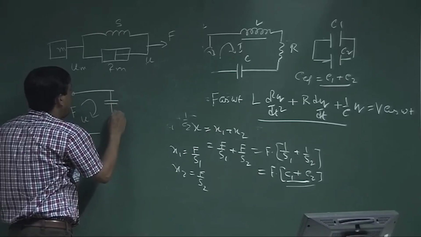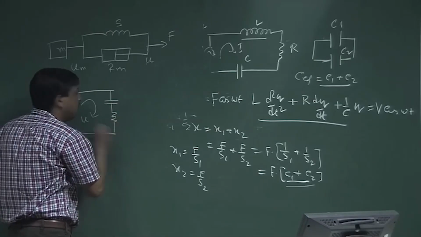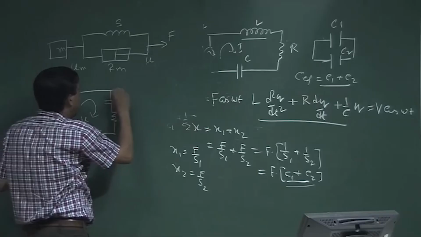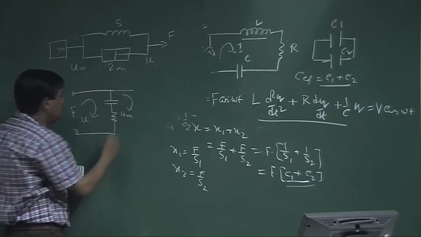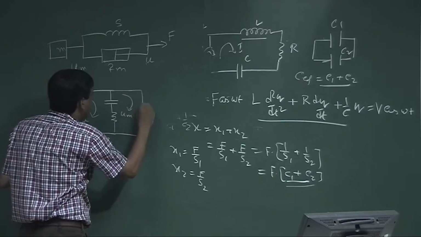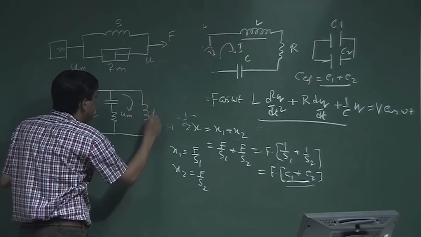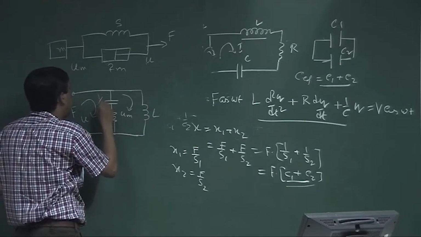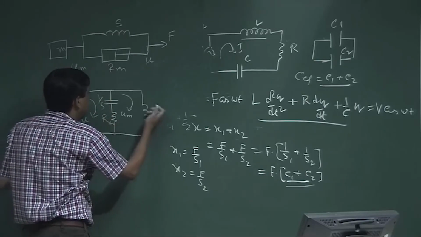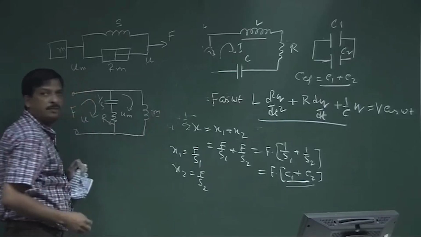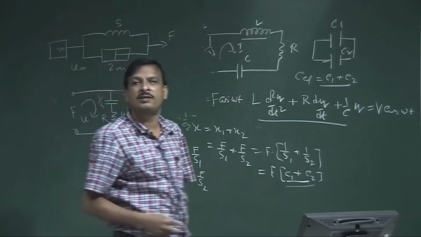What is Rm? Resistance. And I have another current um here. What is um? M, inductance. So, it is 1 by S, Rm, M. So, that is the equivalent electrical circuit.